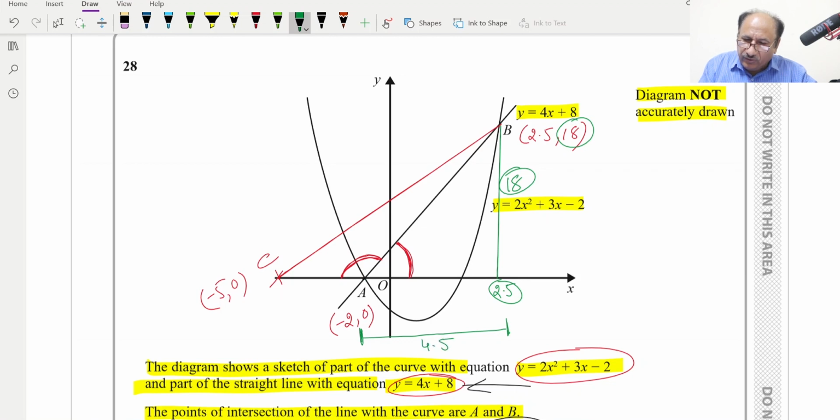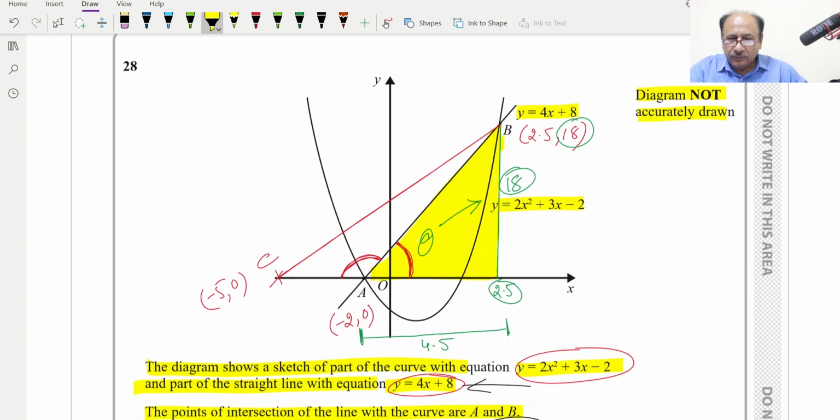This will be 4.5, so 18, we can take this as theta, so theta will be opposite over adjacent. Opposite is this one. We are considering this triangle. Hopefully you are understanding each and everything, and I'm trying to be as explanatory as I can.